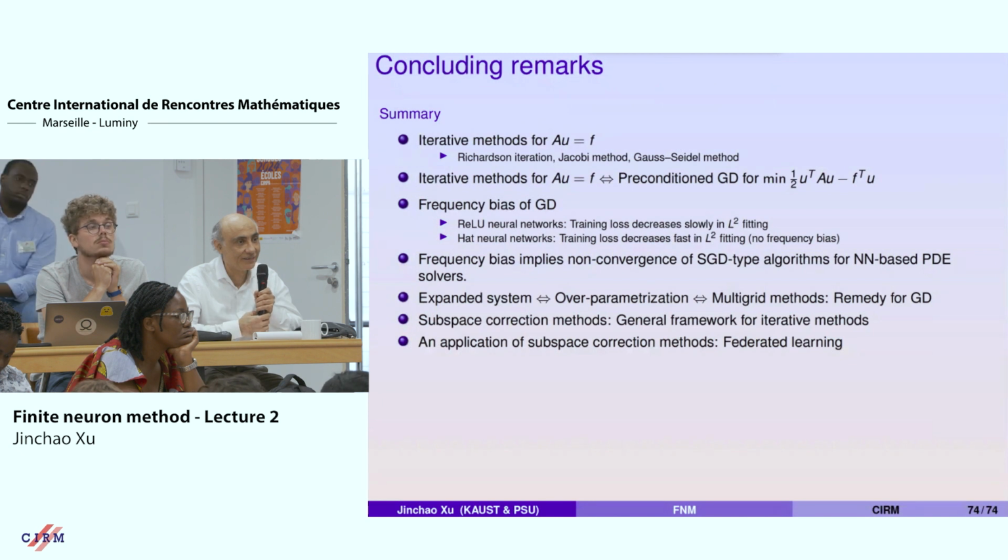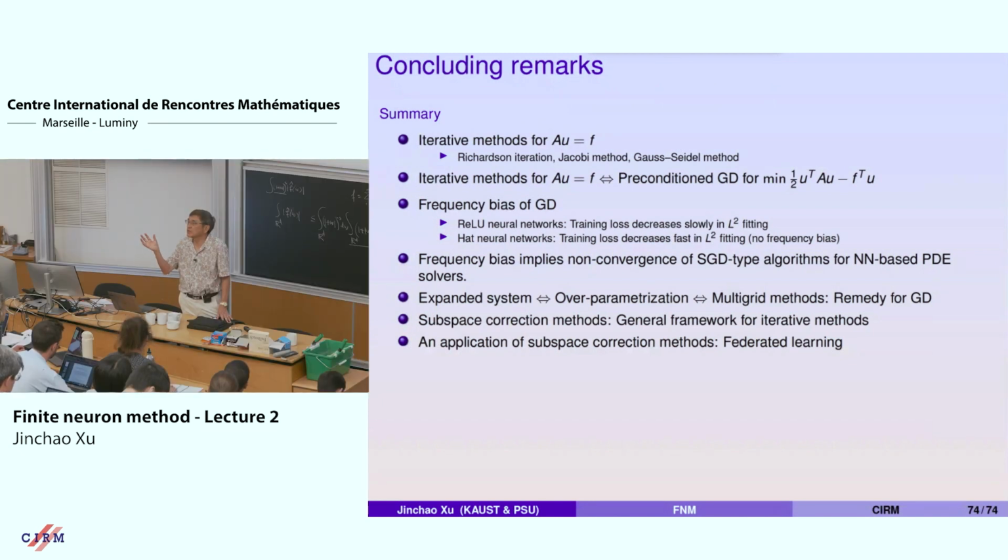Yeah, in this case, I use ReLU. This is a linear problem. I solve a trivial problem by a trivial method to see where the difficulty comes from. By ignoring the nonlinearity, I replace the hat function, which is the classical method, by the ReLU. I see this frequency principle converges very slowly for high frequency.